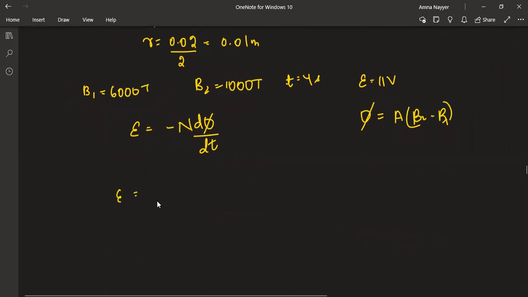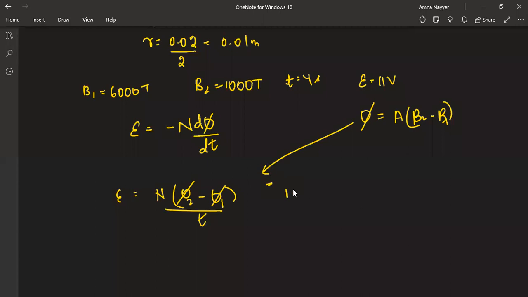So EMF will become N (phi2 minus phi1) by T, or you can write this directly as N into A into (B2 minus B1) divided by T. Fine, it is N pi R square (B2 minus B1) by T.